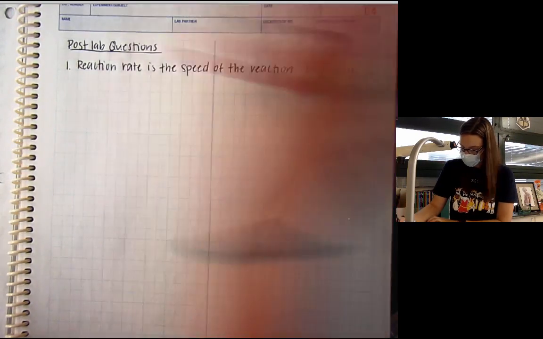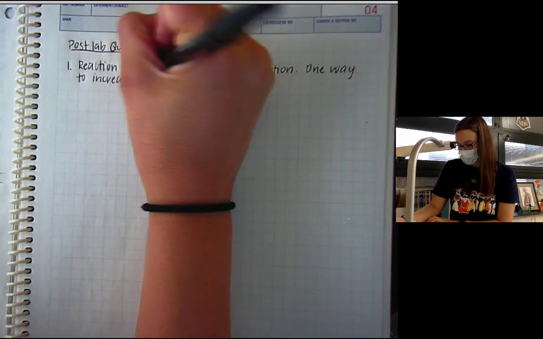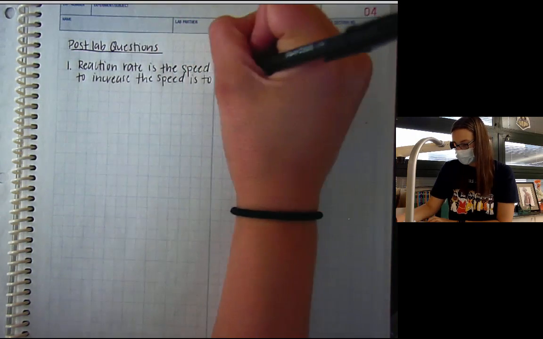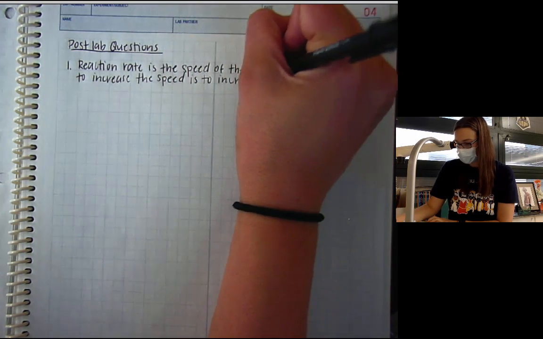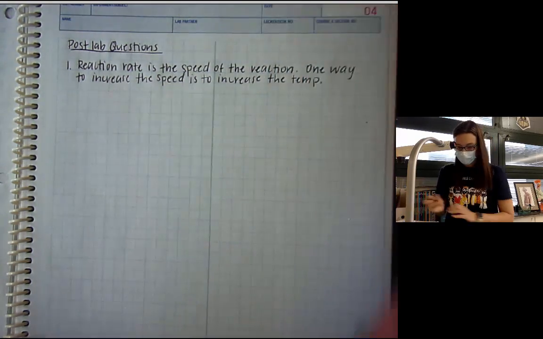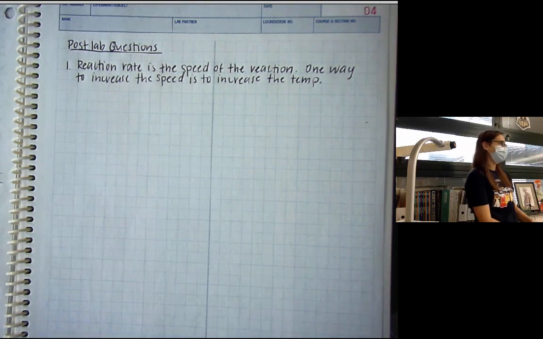So one way to increase the speed is to increase the temperature. So we can increase the temperature and make it dissolve faster.